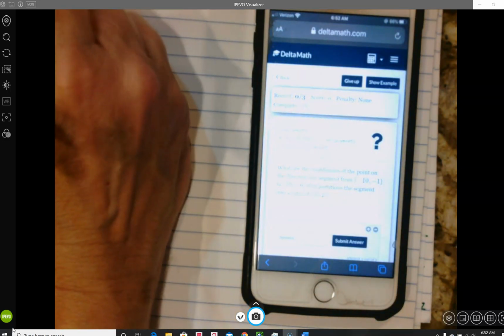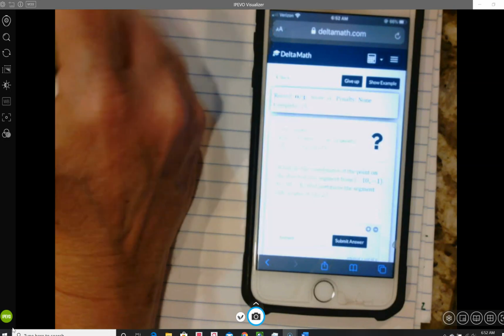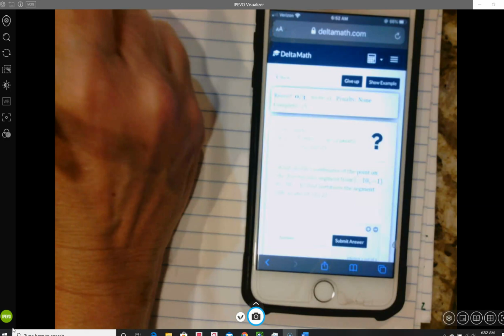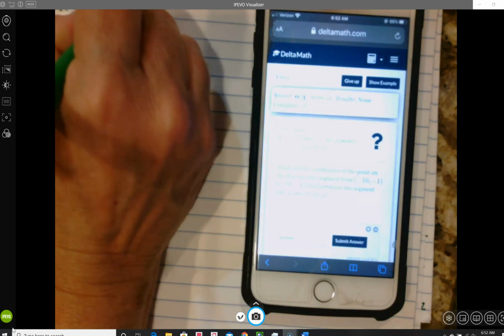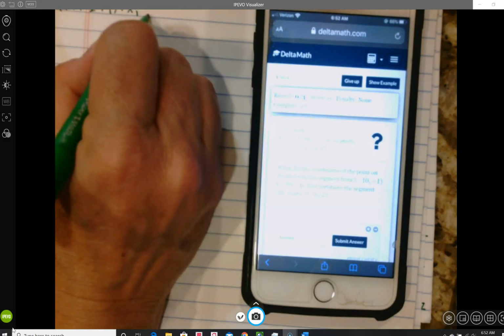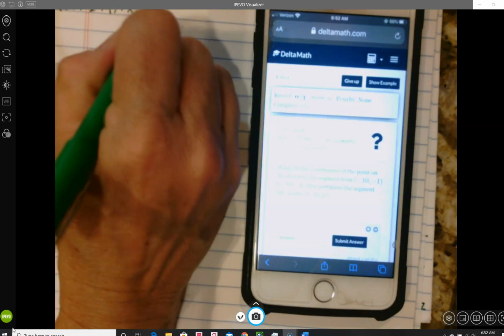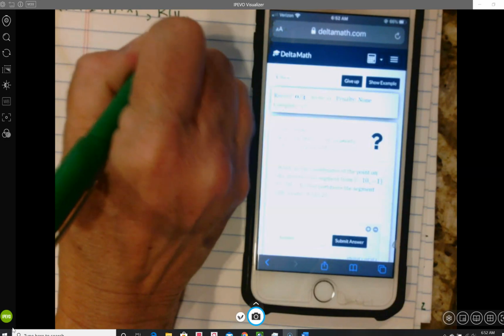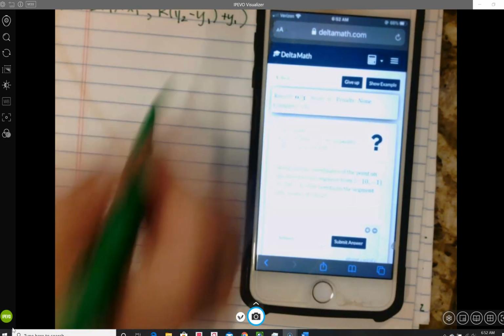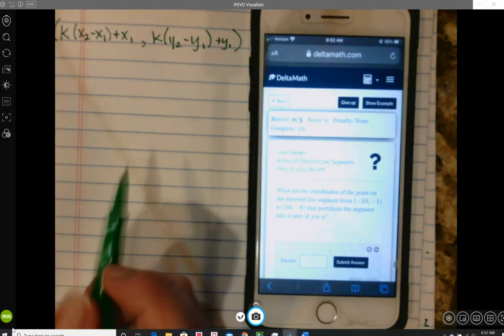It kind of went like this, where we had this ratio k times the x2 minus x1 plus the original x1. And that would be the x-coordinate of our point. And then we had something similar with the y's. We had to add back the original. This was the formula that we used in class.